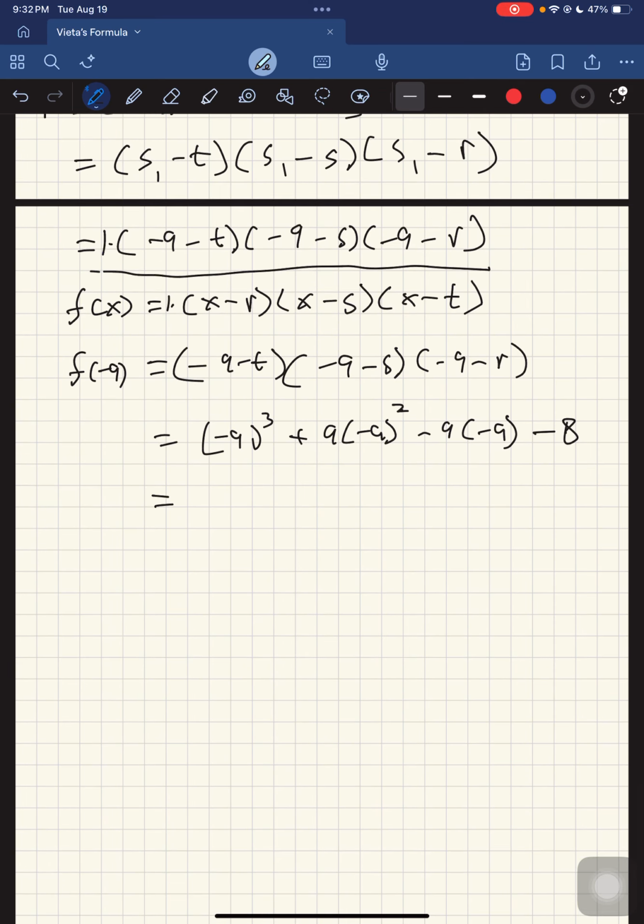So we can notice that this is going to be equal to negative 9 cubed, and this is going to be equal to plus 9 cubed. And these cancel out, and we are left with plus 81 minus 8, which is equal to 73 again.